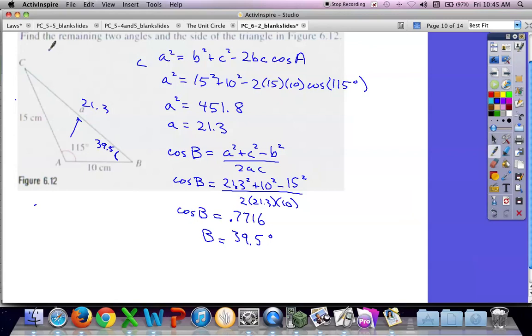So C equals 180 minus 39.5 minus 115. 25.5. Solved, right? We found all the missing parts.